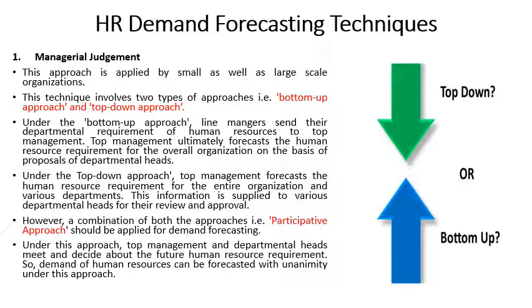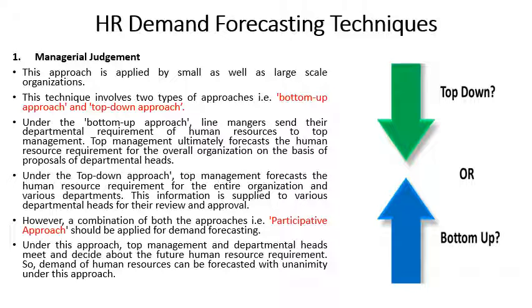Each department manager, like the marketing manager, will estimate their departmental human resource requirement, that is, how many people they require in the coming future in their department. Then the finance department will submit their estimation. Then the production department manager will submit their estimation.